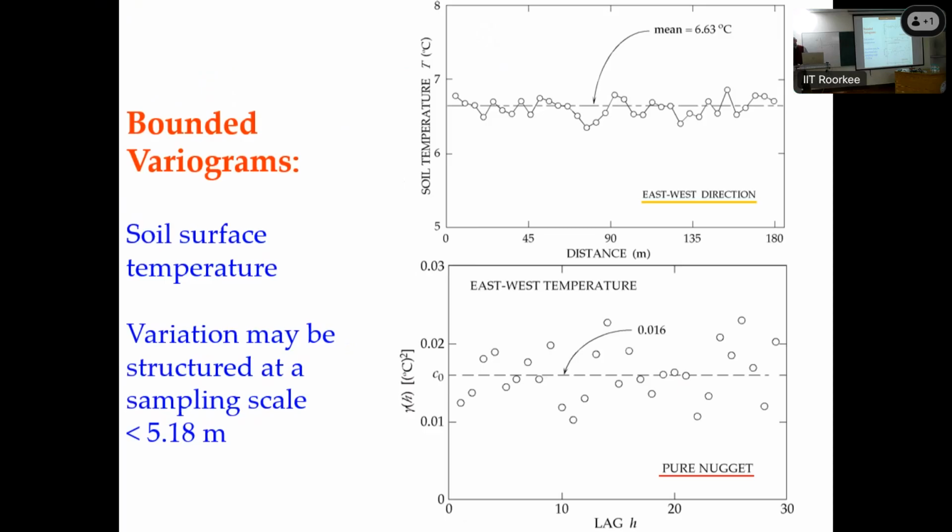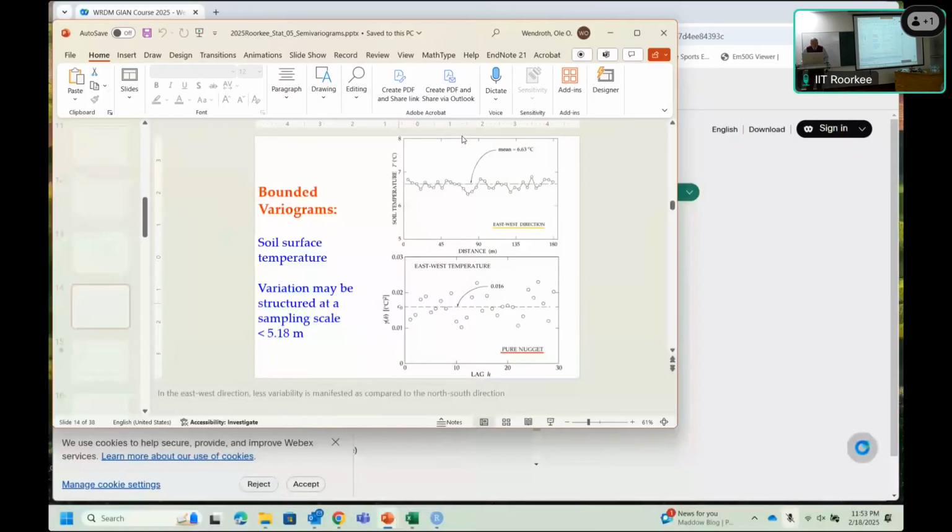What is it? Not quite. Not quite. So remember in the equation for the autocorrelogram, what was in the numerator? I quickly go back.